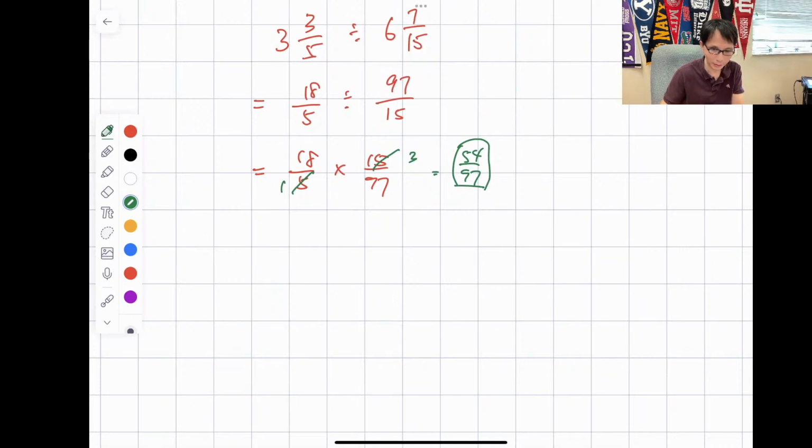How do I do certain things? So let's say I have 27/5 divided by 9 over 15, something like this. Now this is the first stage of a complex fraction. Does anybody know what to do? Have you seen a fraction this big before?